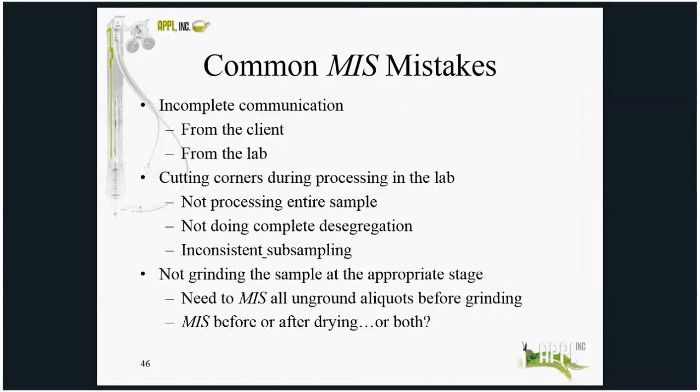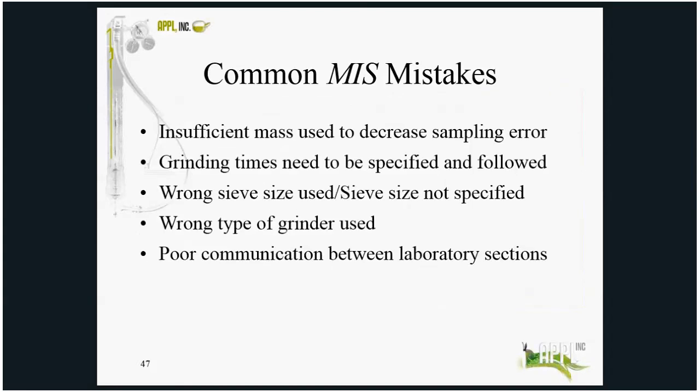Also, if you're going to grind, grinding must take place at the proper time. And this needs to be understood by the lab and by the personnel that are doing the grinding in the laboratory. All parties involved need to understand and decide how much sample mass is needed to decrease sampling error to an acceptable level for your project.